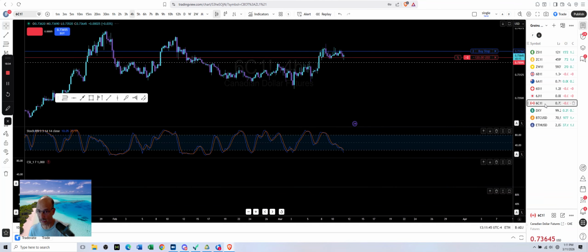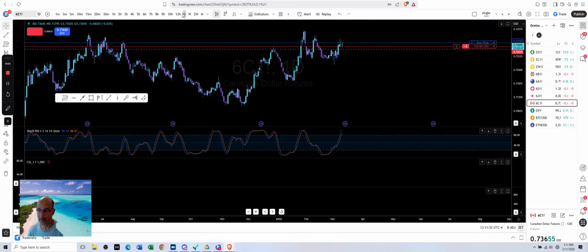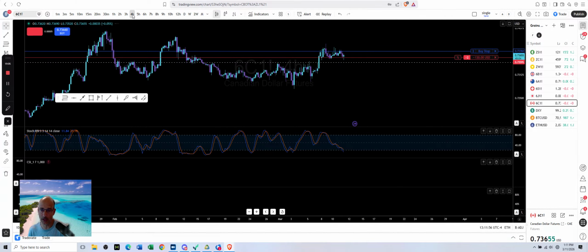Okay. And Canadian dollar. So it's kind of like the pound, right? I took a short on this because it looked like we were going to try to start moving lower. It looked like oil prices had stabilized, which is a huge driver for the Canadian dollar. That's why we saw this big run up because of hostilities in Iran.